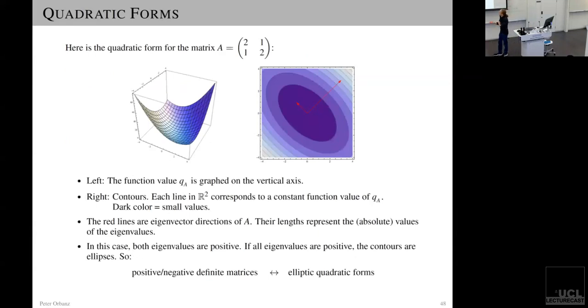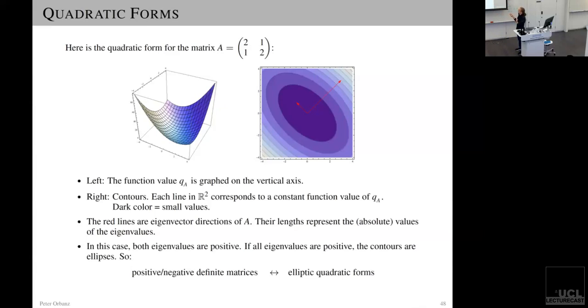So if we look at that in terms of contours, here I've again taken one of these plots, in this case for this matrix here, and now I've plotted the contour lines of this, right? So these here are the contour lines. You can see, first of all, the contours are exactly elliptical. And then I can also plot in the eigenvectors.